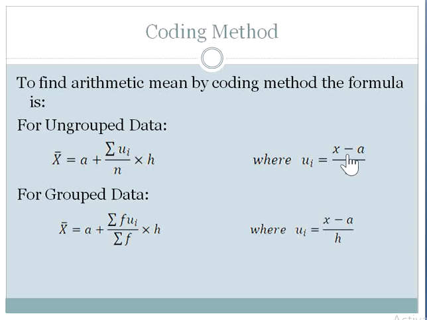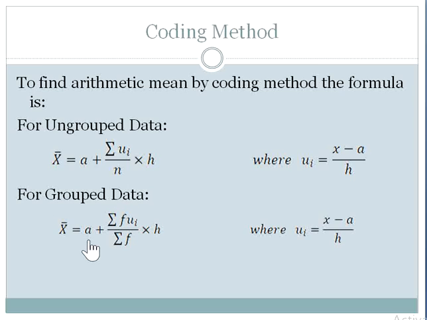Obviously you will add or subtract some constant in your original data x, and you will divide it with h. You know h is the class interval. So this is the formula: a plus sum of u divided by n into h. A is an arbitrary constant and h is the class interval.